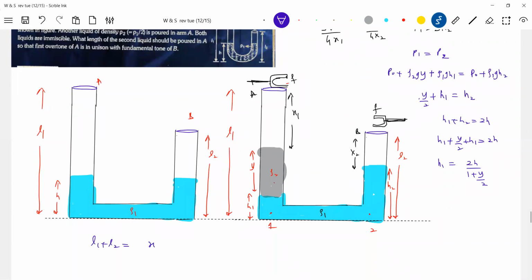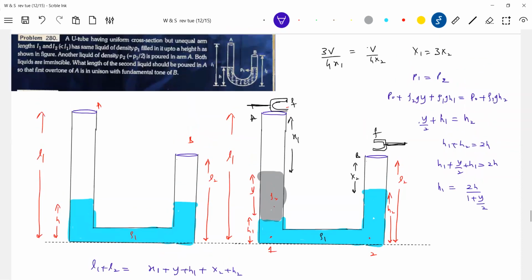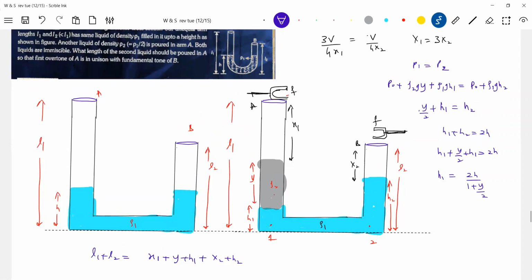What we can write as x1 plus y plus h1. Okay, x1 is equal to... so many unknowns are there.